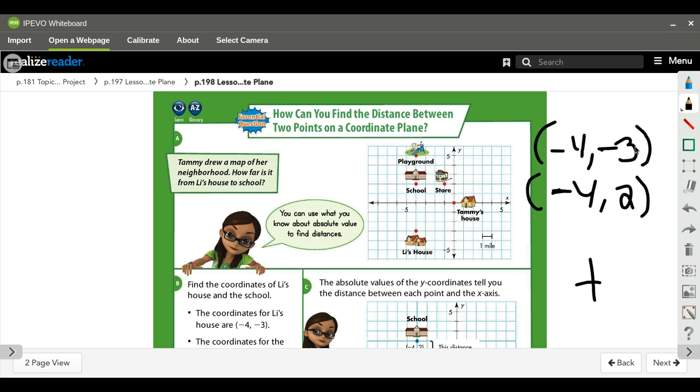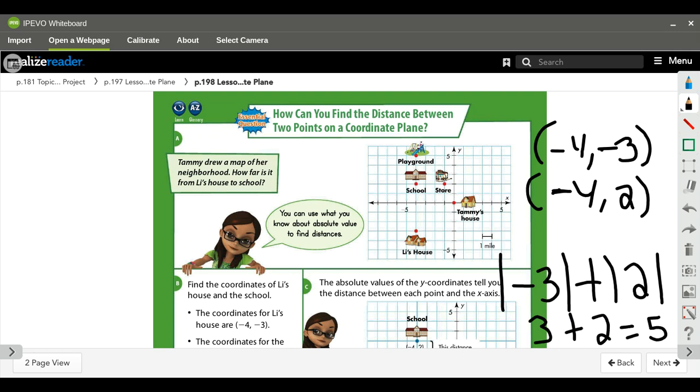I'm going to take the absolute value of -3, my first y coordinate, and add that to the absolute value of 2. When I rewrite it, I end up with 3 added to 2, which is going to be 5. So the distance between Lee's house and school is going to be 5 units.